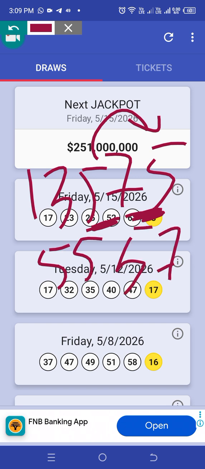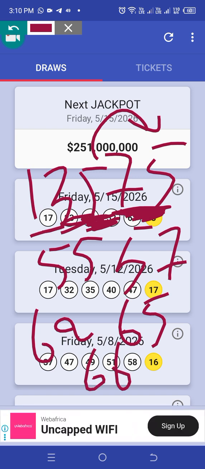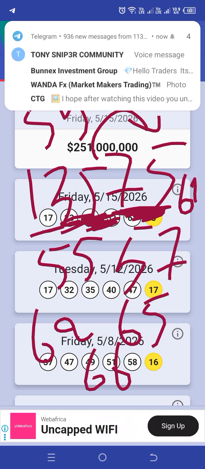Right? You take a 57, adding this one is 62. 57 adding 8 is equal to 65. 57 adding 9 is equal to 66, and 57 minus 8 is equal to 49, minus 5 is equal to 52. The number is 62.